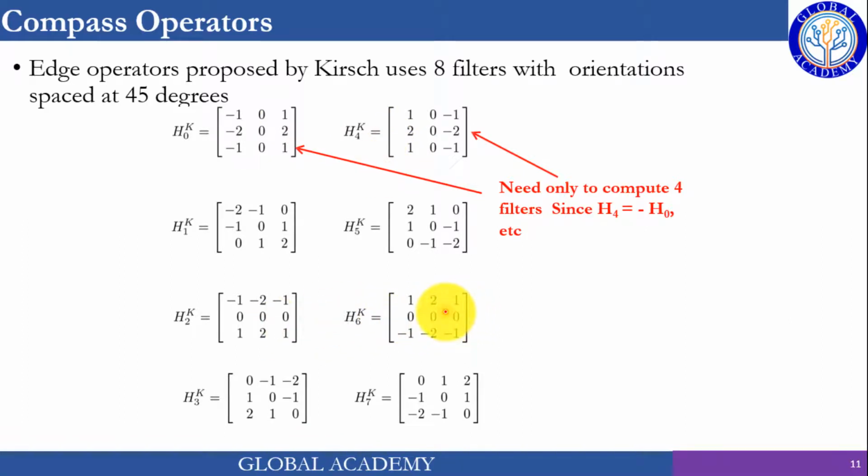You can observe the rest of the 4 are designed in a way that they can detect edges at 45 degrees or 135 degrees, because the zero values are placed either along the cross diagonal or along the diagonal, whereas in these cases zero values are placed vertically, here horizontally, vertically and horizontally. So using all these filters we can detect angles like 0, then 90, and 45 or 135 and so on.